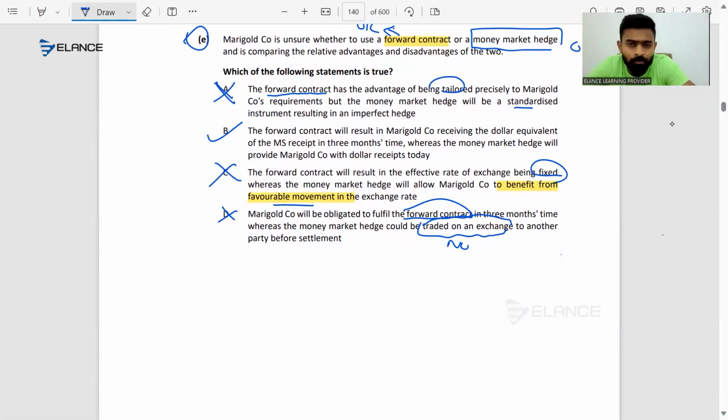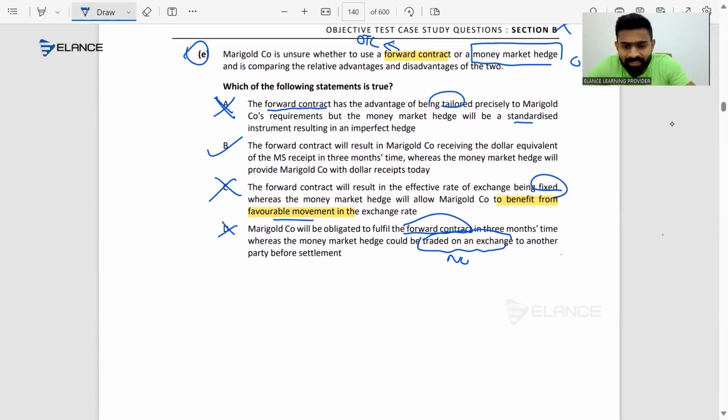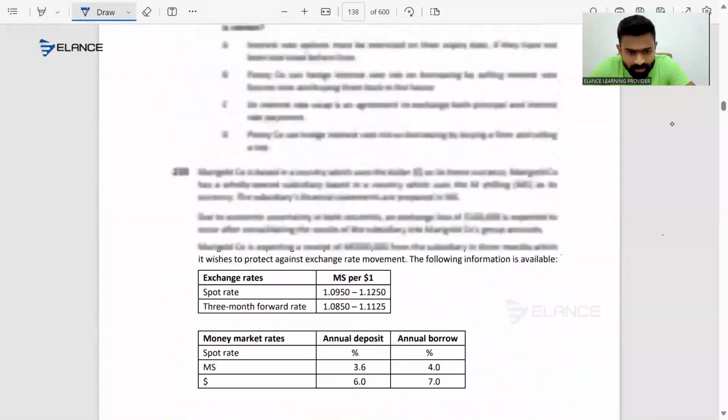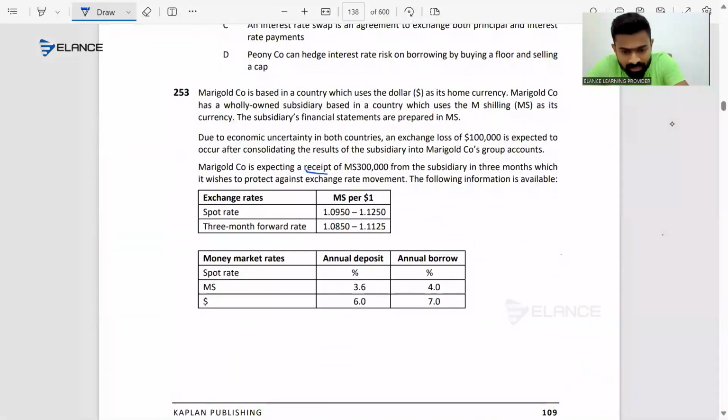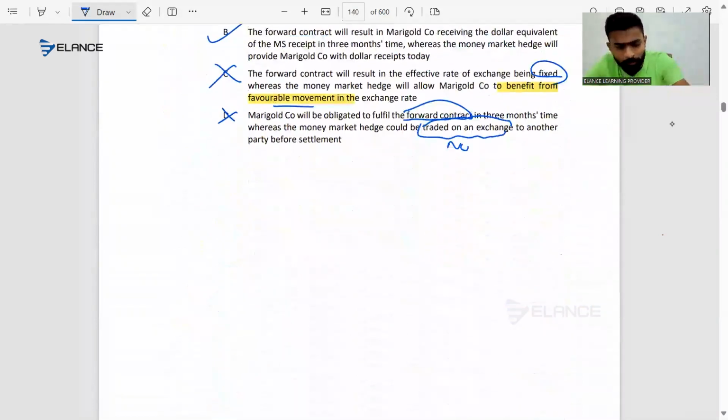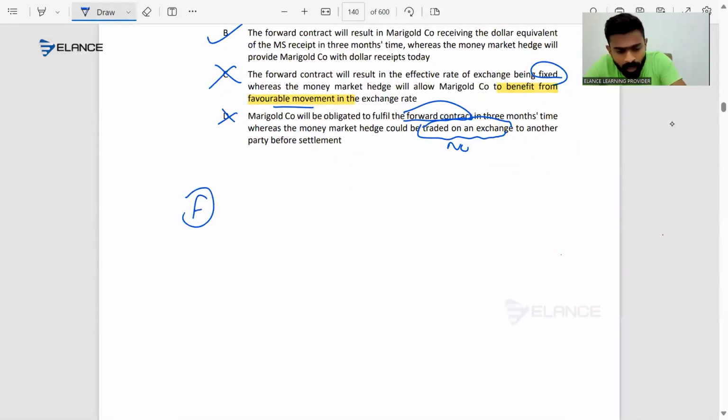The right answer is B. This is a receipt question from the scenario. Marigold is expecting a receipt, so they are expecting some money from foreign to home.